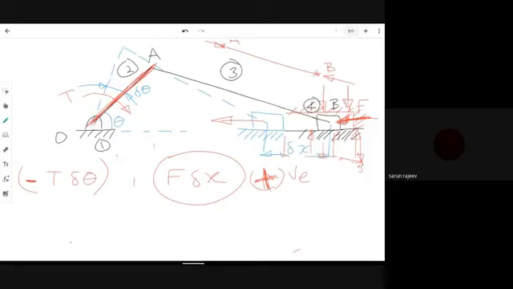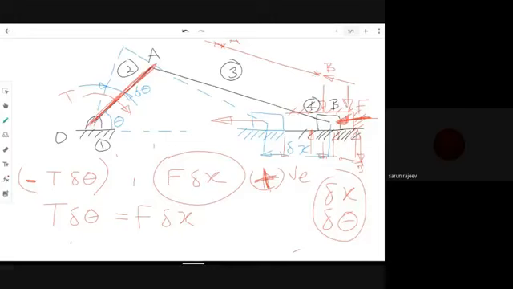Hence, according to the principle of virtual work, if you consider this total displacement delta x and delta theta to be infinitesimally small, they are considered as virtual displacements. In the case of virtual displacement, the total work done should be zero.